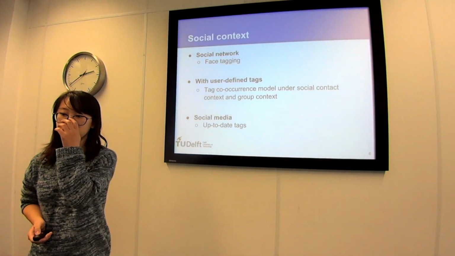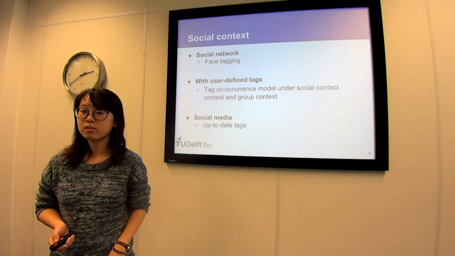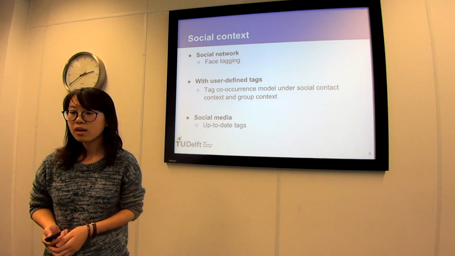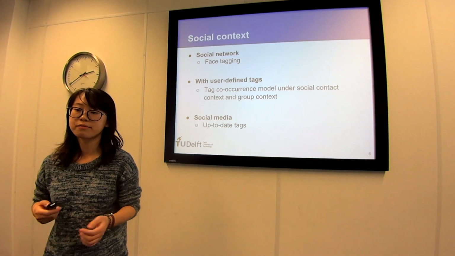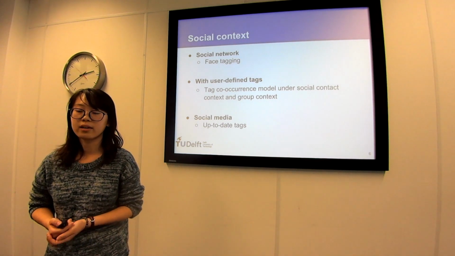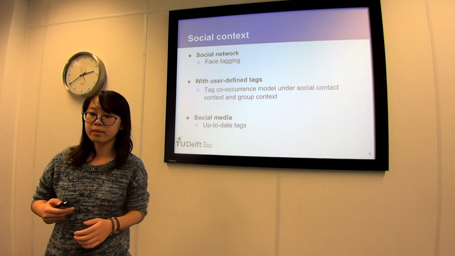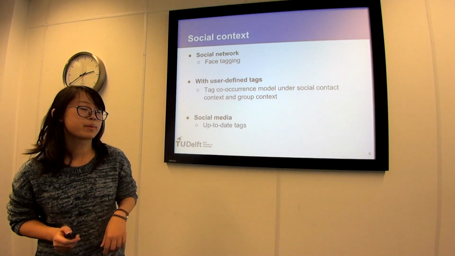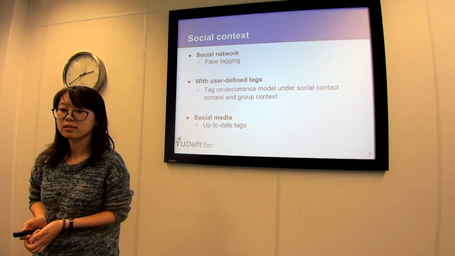For the social context, at first, the social network was derived from Facebook and combined with the visual features to provide face tagging, and later it can also be combined with the user-defined tags, like what has been done with the geospatial context.